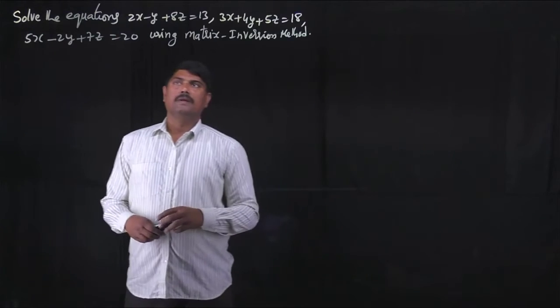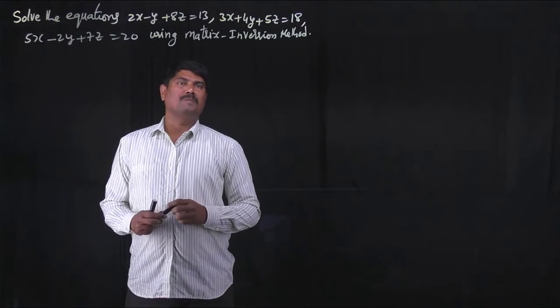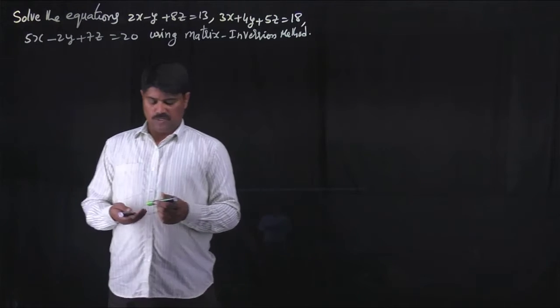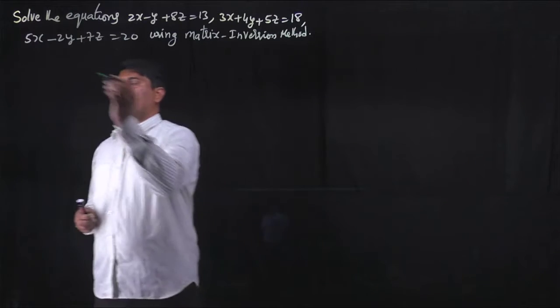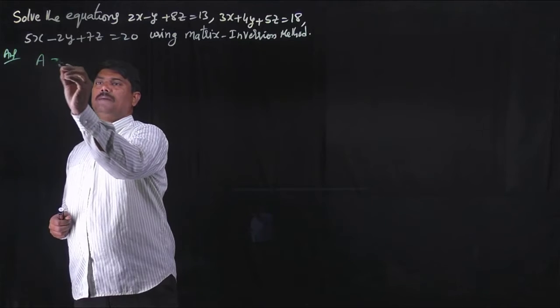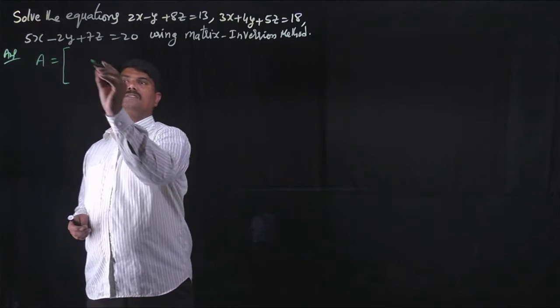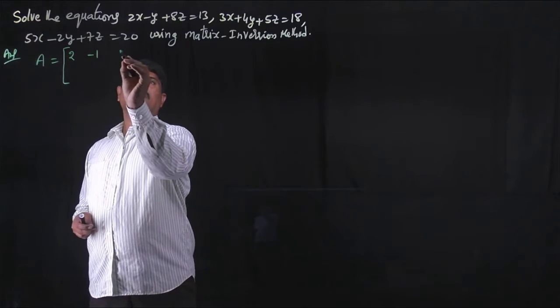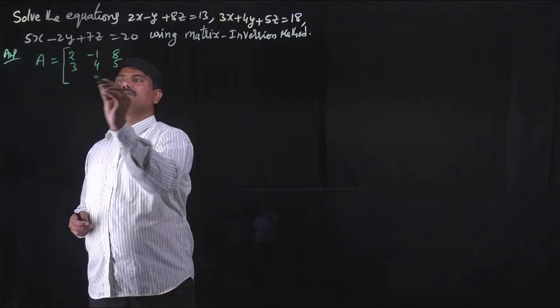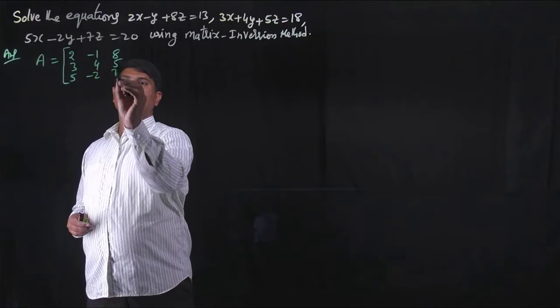Now let us do one problem related to solving equations using the matrix inversion method. For the given equations, first we consider the coefficient matrix A with rows 2, minus 1, 8; 3, 4, 5; 5, minus 2, 7.